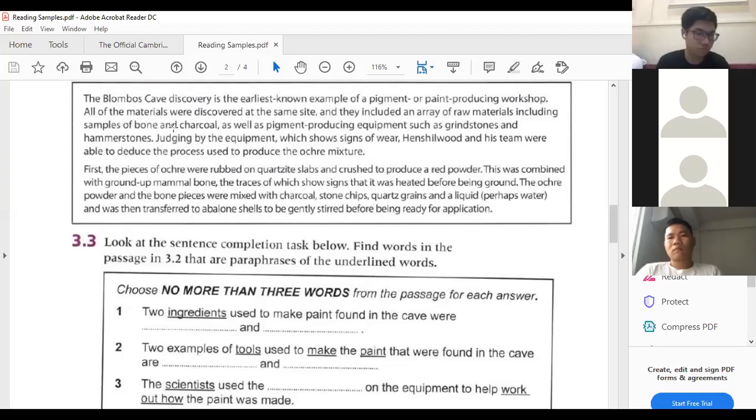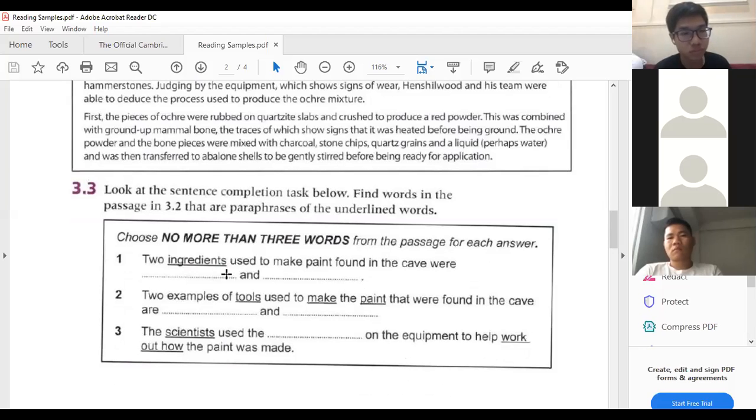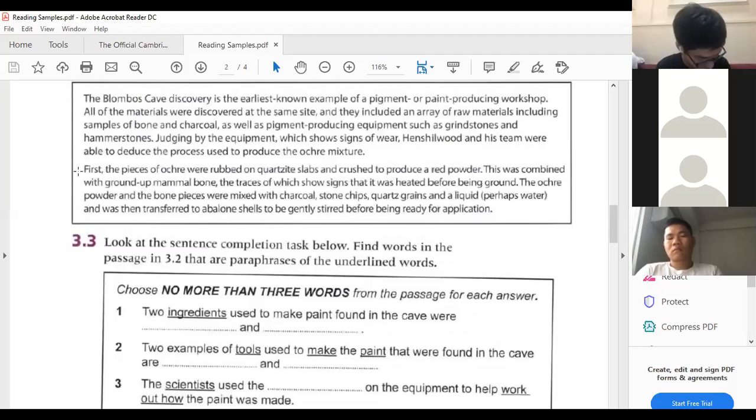We have an excerpt of the article we read earlier in the scanning section. And we have a sample of form completion questions down here as well. In this one, they have already underlined the keywords for you. Your job is to search for the synonyms of the keywords in this short passage up here.